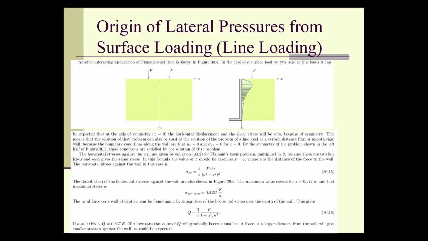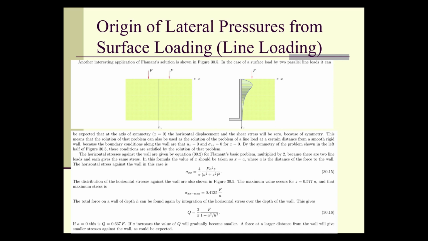The stresses along that axis at any point, if those two F's are identical, are simply going to be the stress from the left plus the stress from the right, because this is elastic theory. We have superposition, therefore they will be the same. As a result, the stress at any point along that axis is going to be double what the stress would be if only one load was being applied, by superposition.